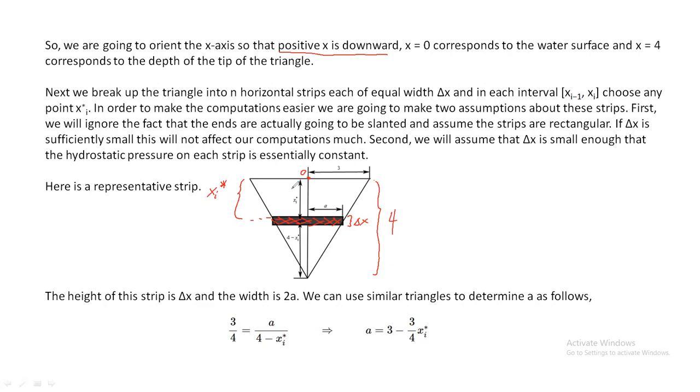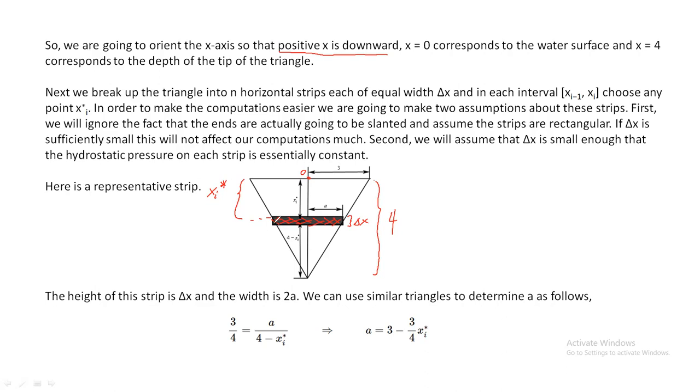In order to make computations easier, we're going to make two assumptions about these strips. Number one, we will ignore the fact that the ends are actually going to be slanted. If you look closely here, this will not be truly rectangular, because in this part it will be slanted.